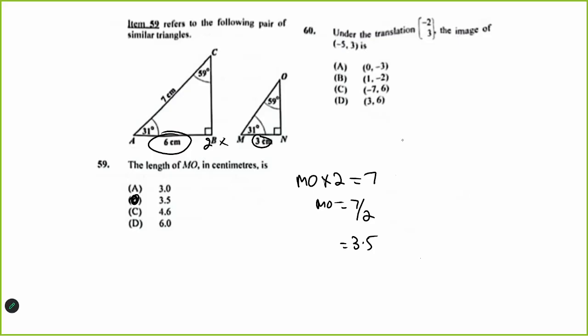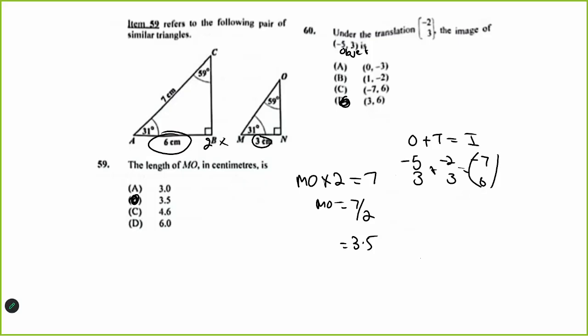So we know that they want to know what is your image. The image of negative 5, 3. So this here is your object. So we know your object plus your translation is going to give you an image. So negative 5, 3 plus negative 2, 3 is going to be negative 5 plus negative 2 is negative 7. 3 plus 3 is 6. So they want the image, which is D.